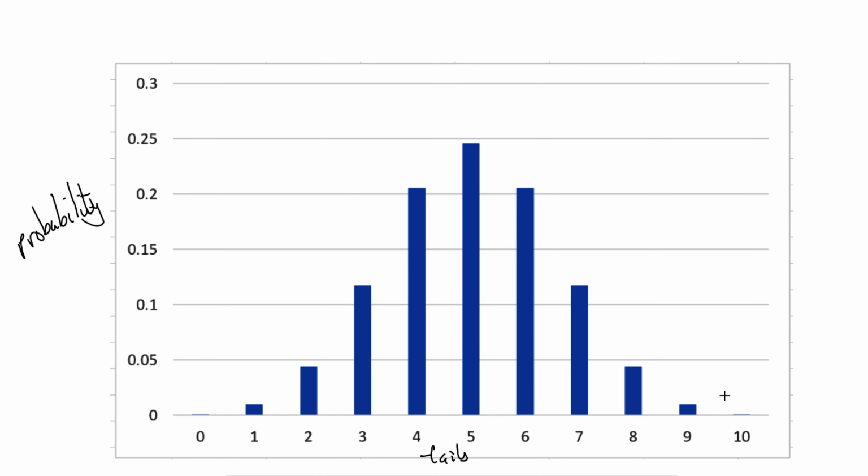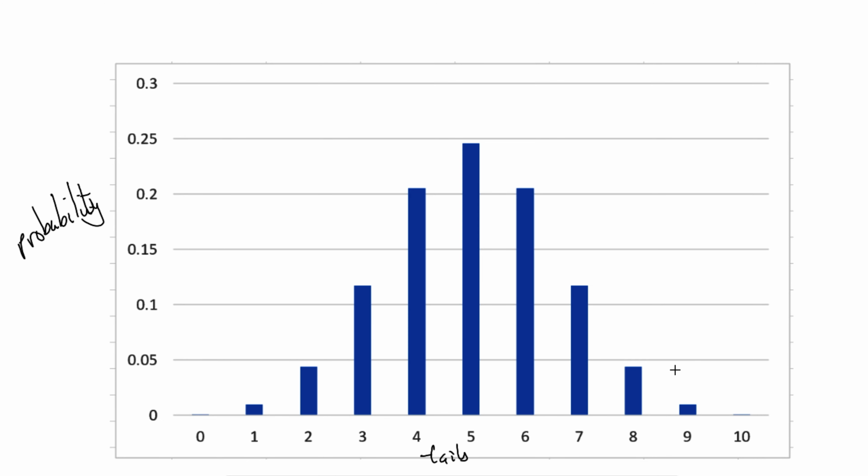But 9 and 10 have a very small chance of happening, as do 0 and 1. So if you're getting no tails or maybe 1 tail, and then at the other end if you're getting 9 tails or 10 tails, either you're just very lucky or your coin might be slightly biased in there.